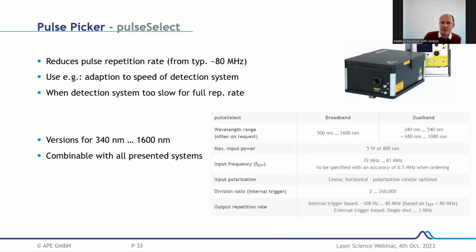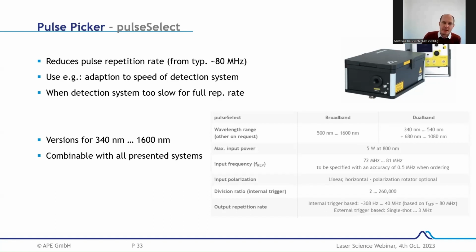This is actually quite important for single photon sources, because what you want to do there is, for each laser shot, create one single photon in the best case, or a single photon pair. And then you want to analyze it with some single photon detection, with some setup in between. You want to use this single photon for some experiment.